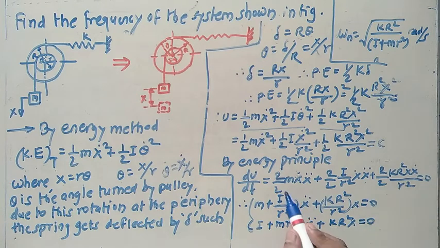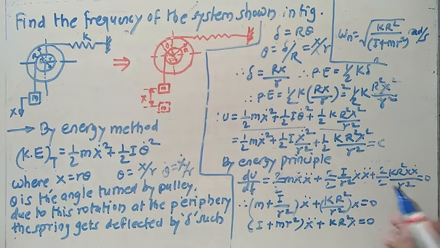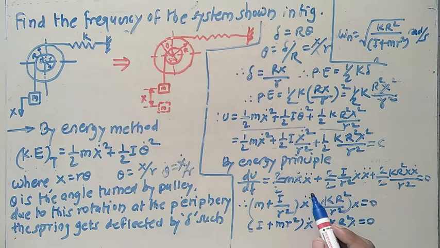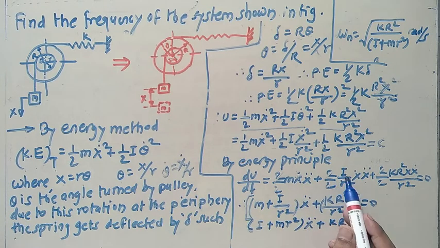Now focus on this equation carefully. 2 gets cancelled here, 2 gets cancelled. In the next step this 2 also gets cancelled. So whatever part remains here, I'll write inside the bracket: m remains here plus I into r square.